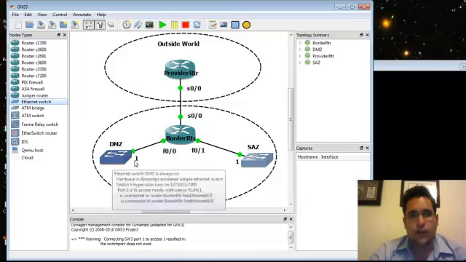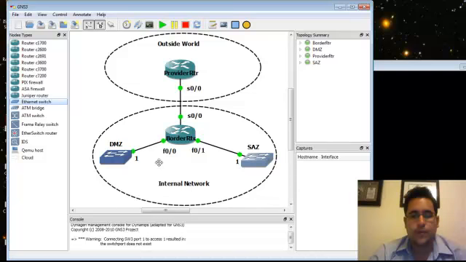Now, the kinds of devices we're going to have in this fake environment. In the DMZ, we're going to have our web servers, Exchange servers, SMTP servers, FTP servers, things like that.